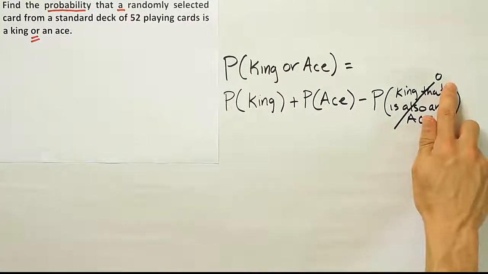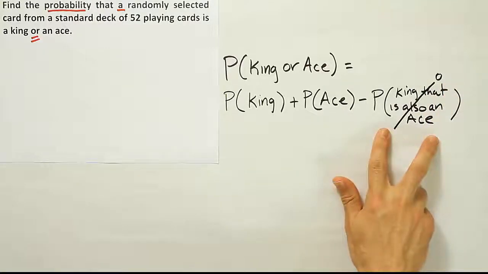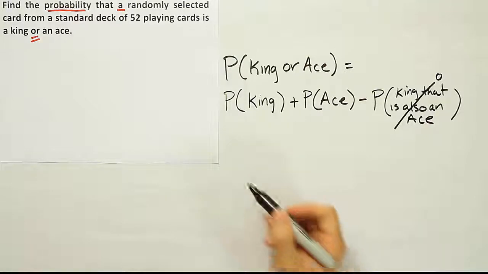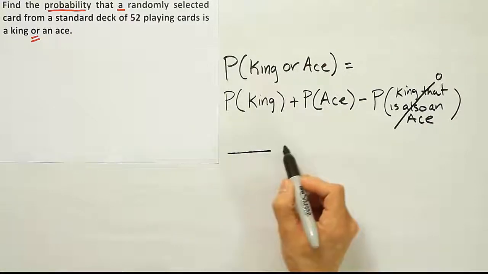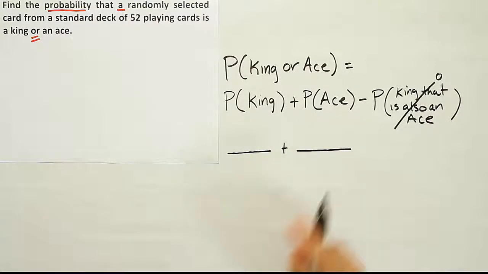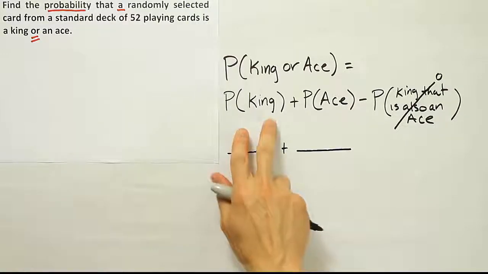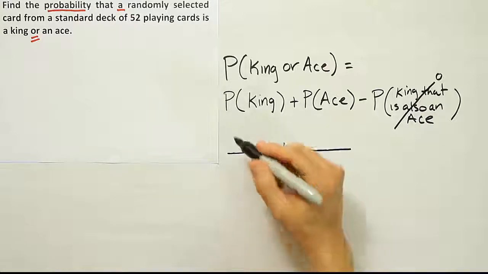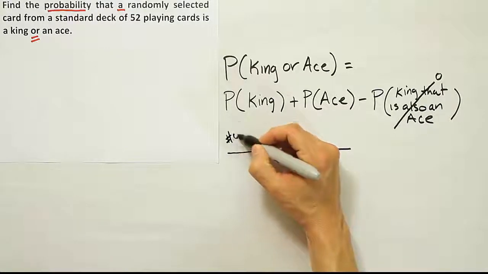So we're going to say the probability of getting that category is 0, and we can drop that part of the formula and just focus on these two parts, right? All right, very good. So it's always nice when it's mutually exclusive because we don't have to worry about that last fraction. That means we can solve the problem by just adding the probability that it's a king to the probability of an ace. All right, so in order to do this, then, we always have to say what? Number of, right?